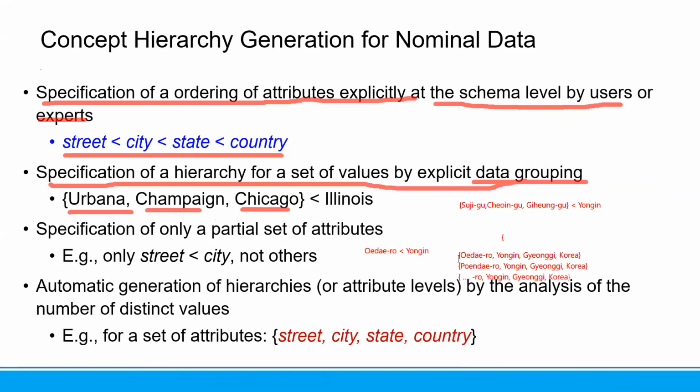So if we place these values, it is unique, distinct, because it has a different street. And if they have different street names, we get these distinct values. So if we have a lot of these values, we can make the hierarchy generation automatic.